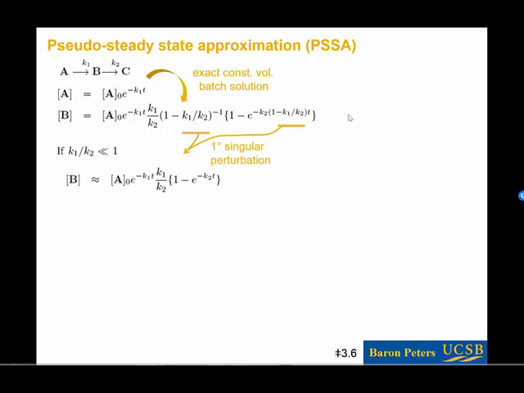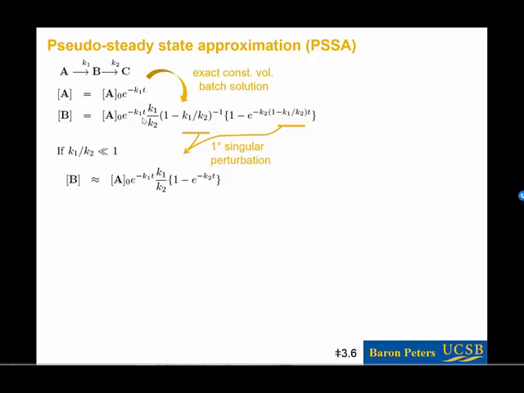So the first step is this singular perturbation step, right? So we have a small parameter in here, that's K1 over K2 is a small parameter, and you see that in the exact solution it's added to a number of order 1, and so we can really drop that off. And the one case where we don't want to get rid of it is right here. When it's the leading singular term, then dropping it off would mean that we're approximating that B is actually equal to 0.